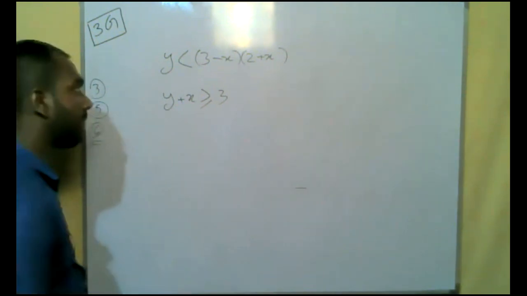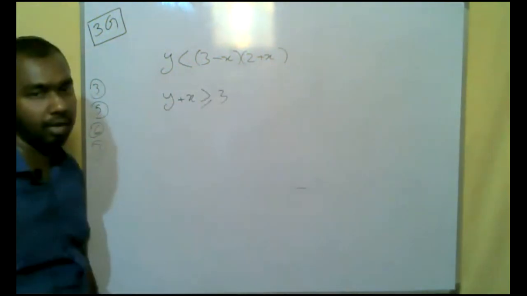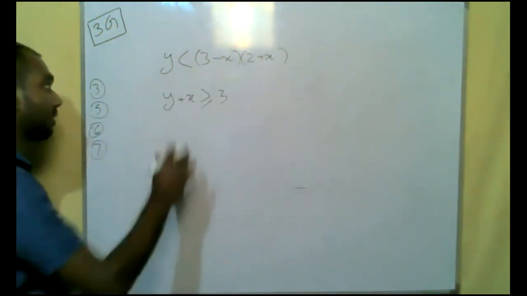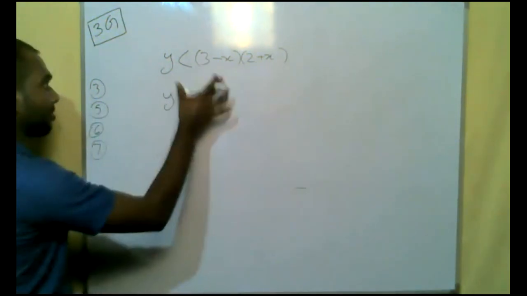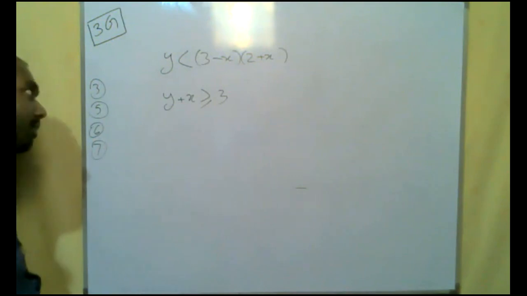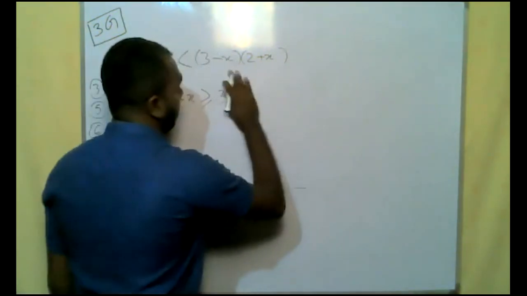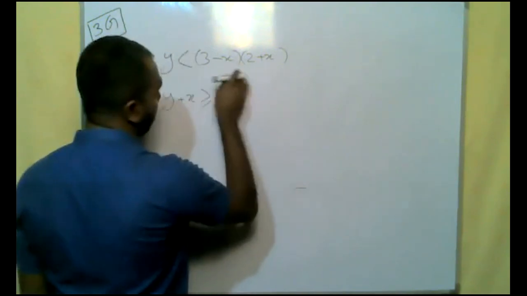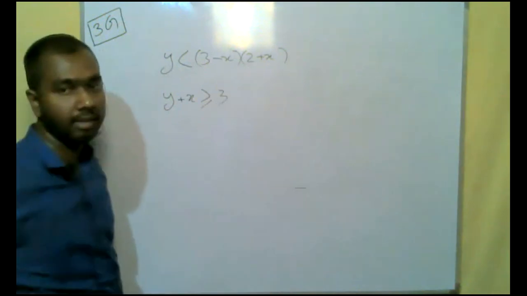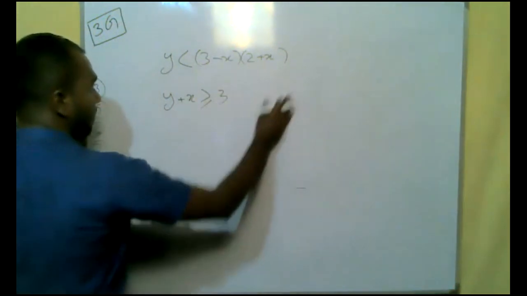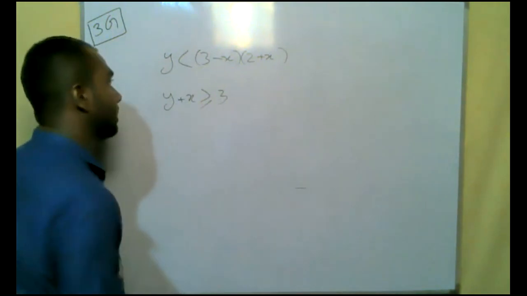So if you want, before drawing the graph, this is in the factorized format. If it is hard for you to sketch this, you can remove this factorizing part and make it a quadratic equation and look at what the graph will be. It's kind of easy to think this way also. Why? By equalizing these two to zero, you can understand where that curve is going to cut the x-axis.